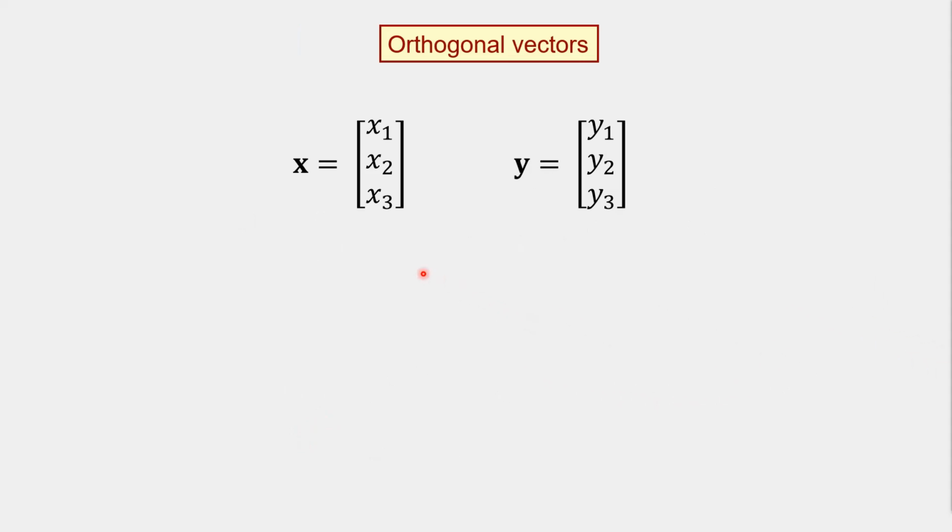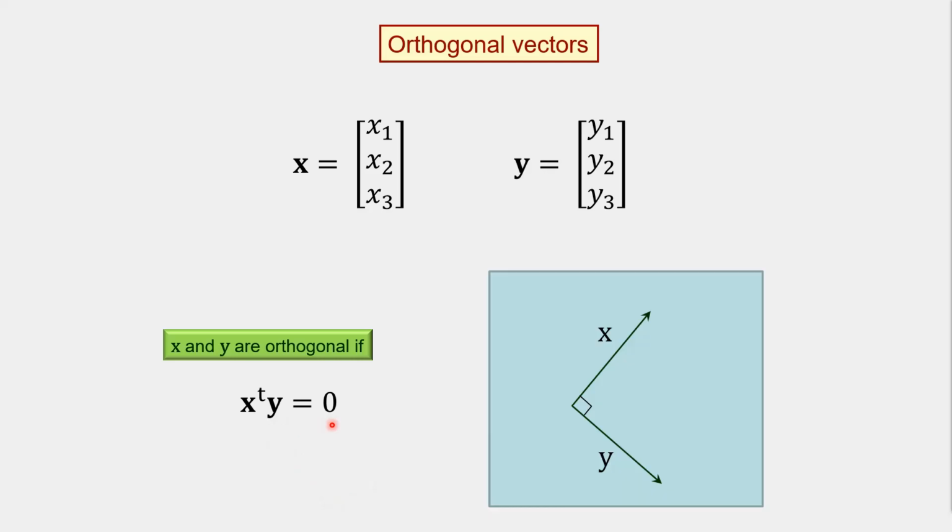Here are 2 vectors, x and y, each with 3 elements. x is orthogonal to y if x^T y equals 0. In small dimensional vector spaces, we can characterize that as x being perpendicular to y. It has a zero projection onto y.